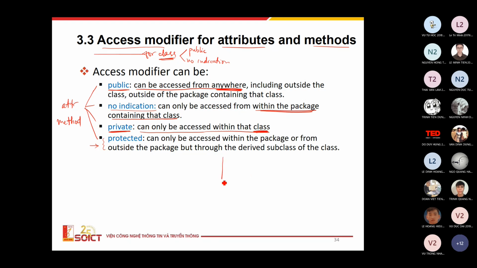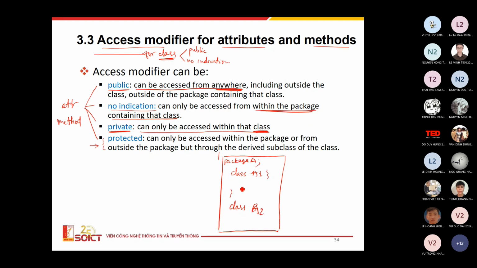Okay, so I will give you this illustration. For example, you have this package A, and inside you have some class A1, for example, and class B, A2, for example.